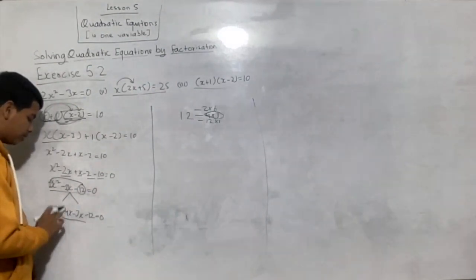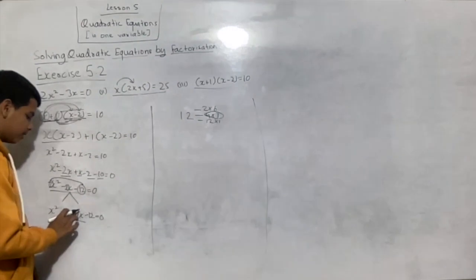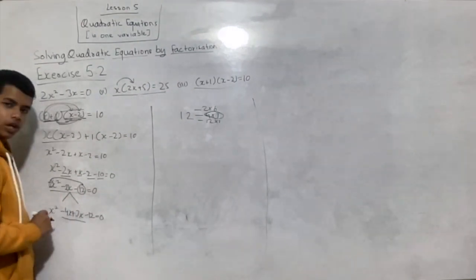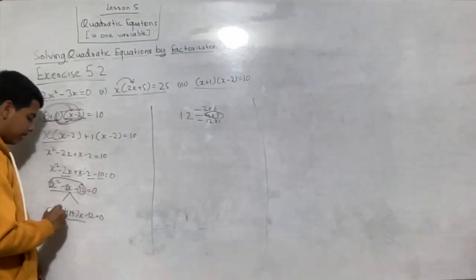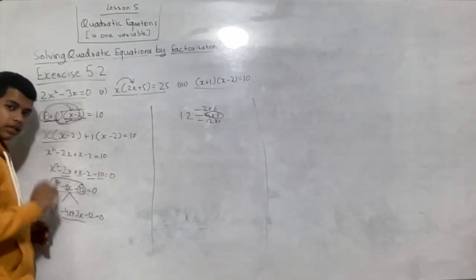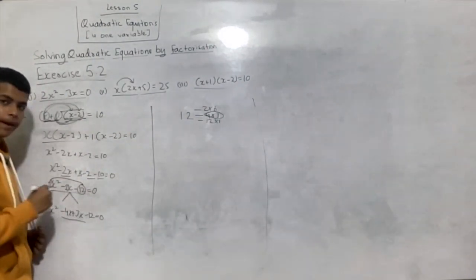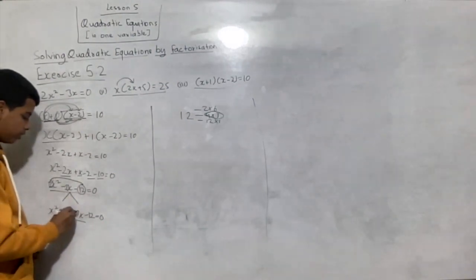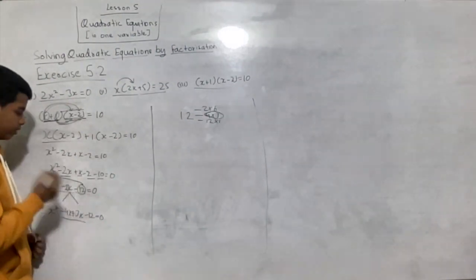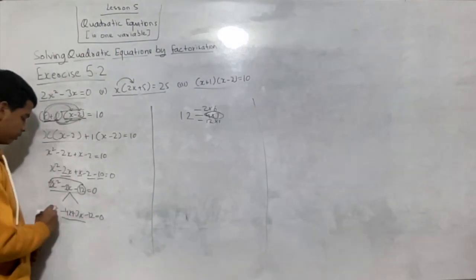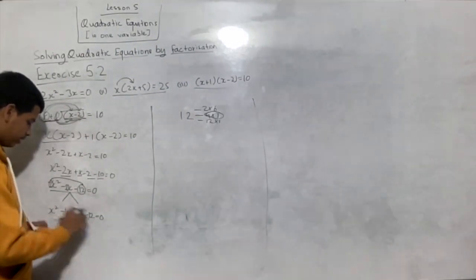I have to write x square minus 4x plus 3x, so that when we subtract 4 from 3, we get minus 1, or minus x, and minus 4 times 3 gives you minus 12. So we have split it right here.